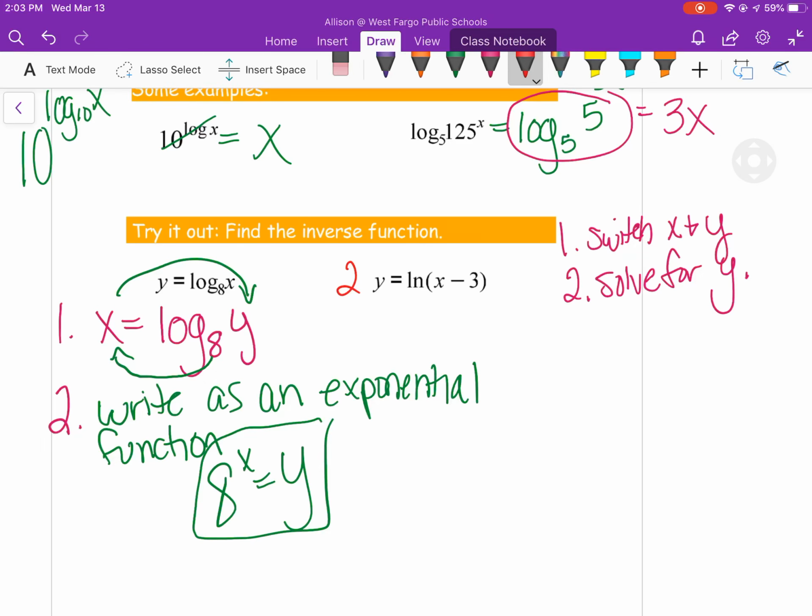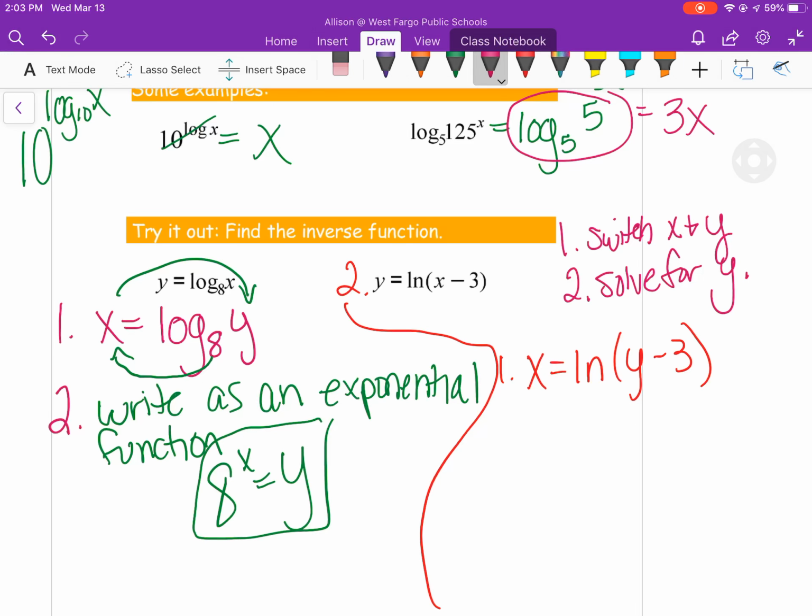For the second one over here, first switch x and y. So x equals the ln of y minus 3, or the natural log. And remember, the natural log has a base of e. So this is really ln base e.